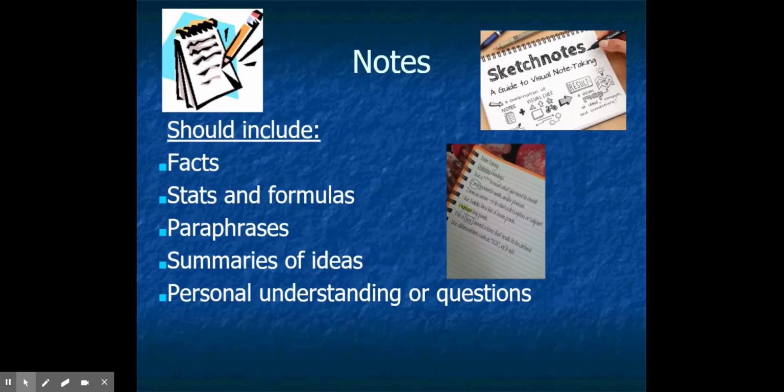Notes should include facts, stats and formulas, paraphrases, summaries of ideas, personal understanding or questions. And when I'm saying understanding or questions, you should be noting down things that strike you in a presentation or something you don't understand necessarily.